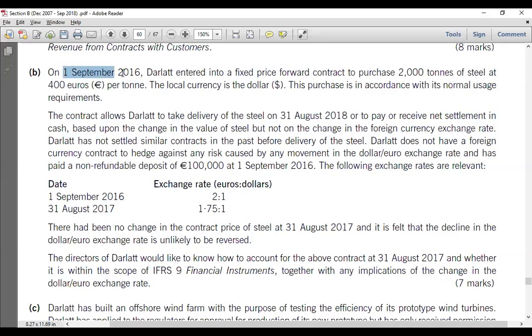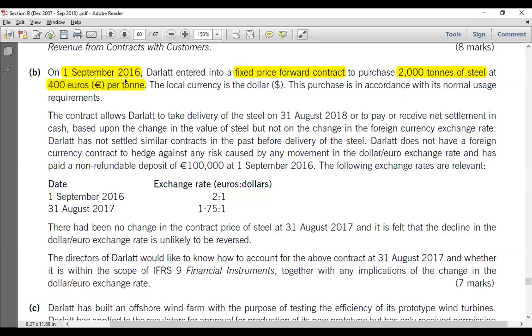It says that on 1st September 2016, Darlet entered into a fixed price forward contract to purchase 2,000 tons of steel. Now, steel is a non-financial item for which we are making a forward contract. So we need to check whether it will be settled in cash or in goods, at 400 euros per ton.